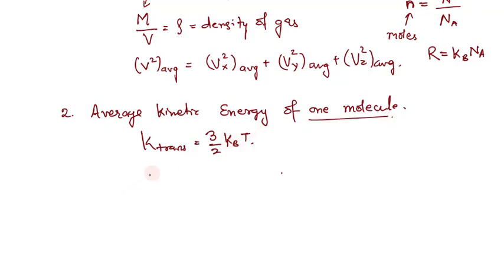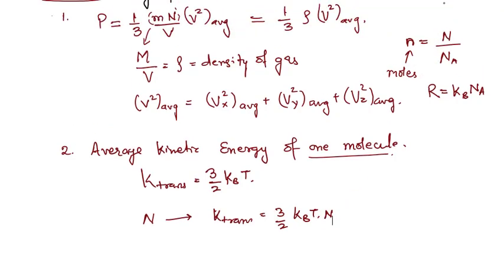If I talk about N number of particles, this K translational will just be multiplied by N, so k_B T into N. Now N is equal to n into N_A, and k_B into N_A becomes R, where n is the moles. So this is 3 by 2 n R T.